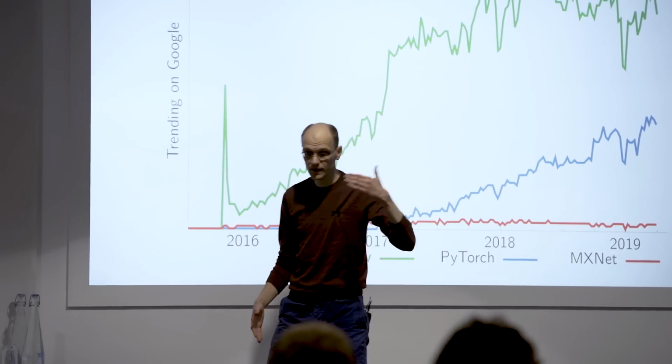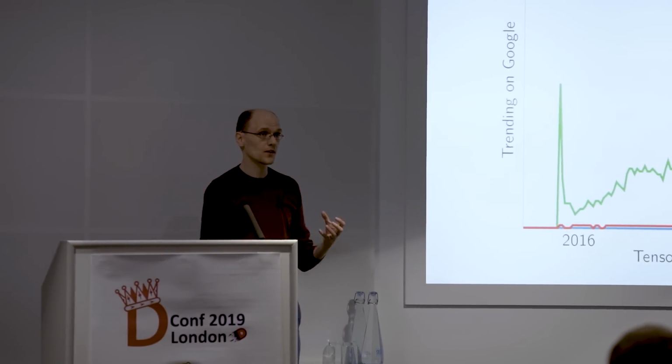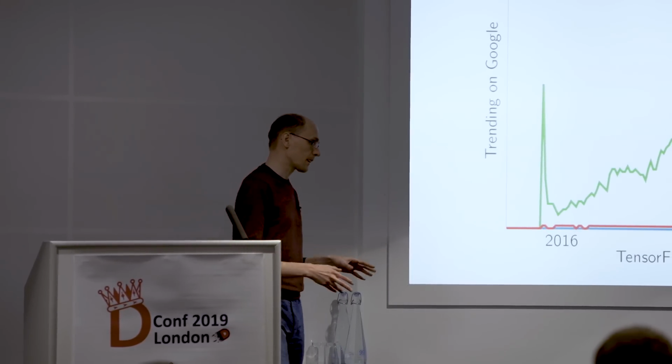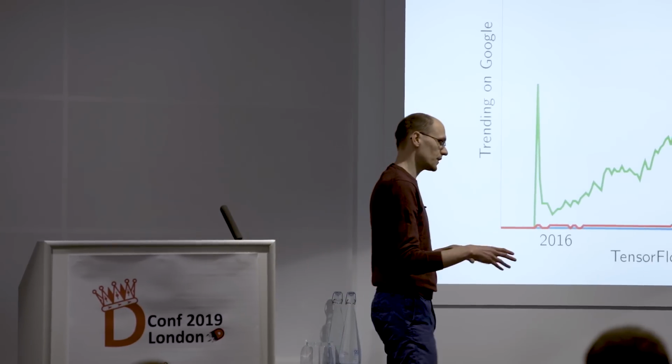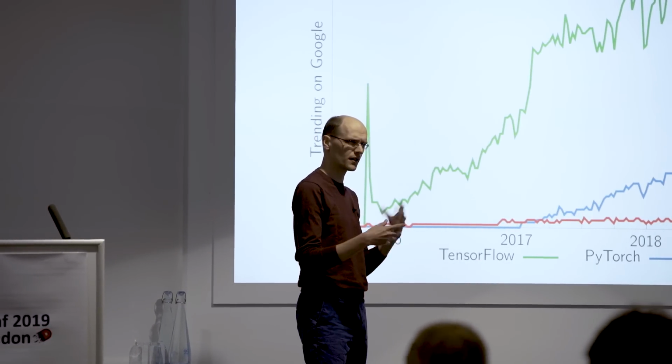So it could still be that it now has more major backup from companies. You could somehow see that all the other companies are joining forces to actually build something similar to TensorFlow, because TensorFlow is quite strong.